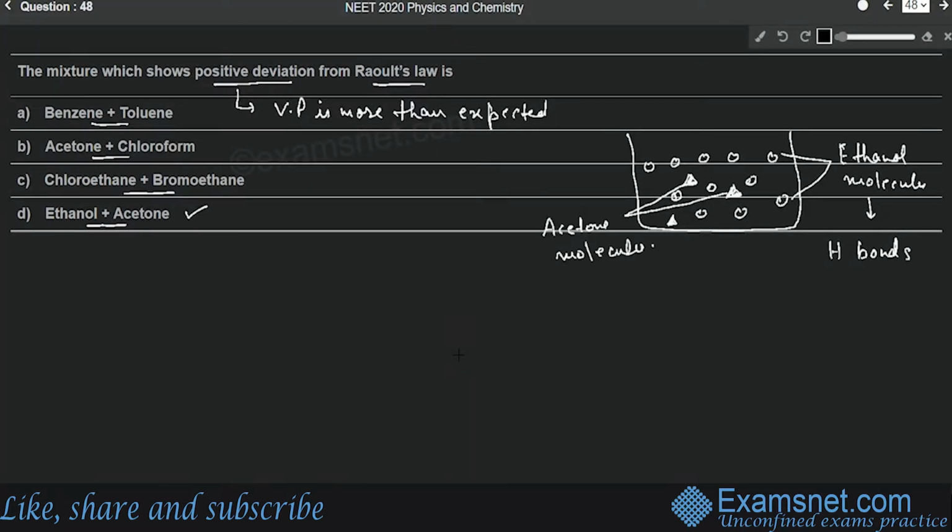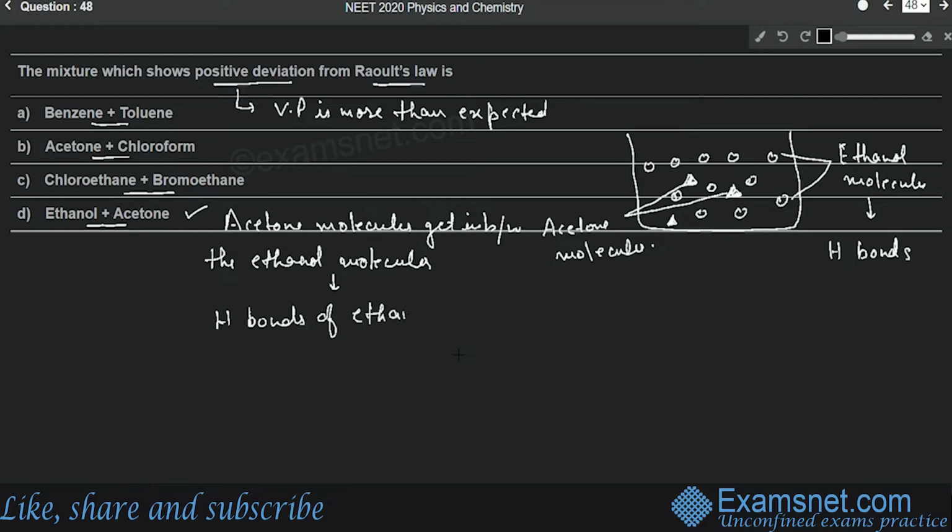Let's write it down: acetone molecules get in between the ethanol molecules. Then what will happen? The hydrogen bonds of the ethanol molecules get broken. Due to this, the intermolecular forces of attraction will be weakened, right?